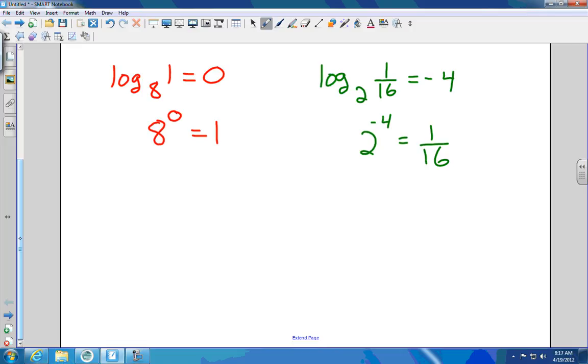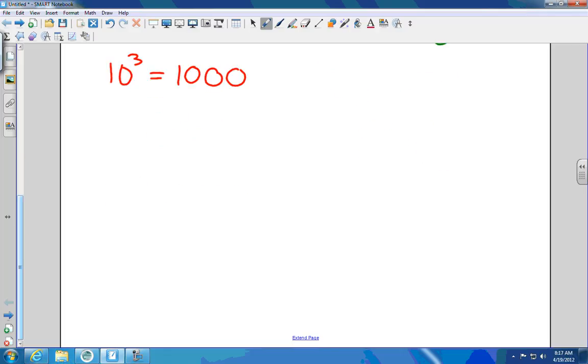So then example 2, you're given the exponential form and you're going to change it into a logarithm. So you have 10 to the 3rd power equals 1,000. So obviously, if you're writing that in logarithmic form, you're going to write log out front.